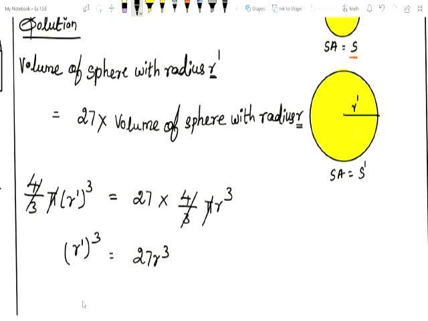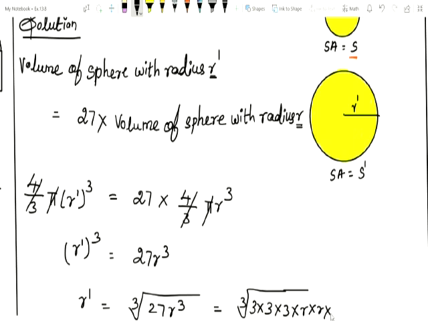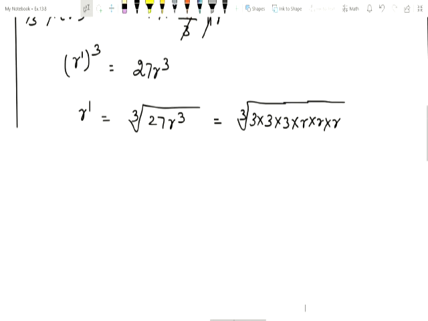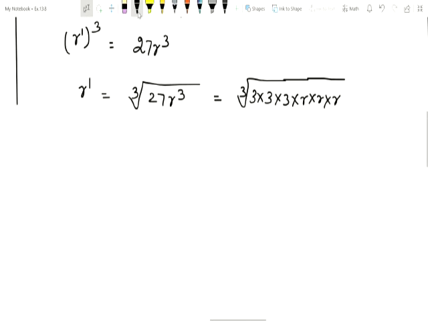Okay. So we need to find out the radius alone. So the cubic will change cubic root. Okay. So R dash equal to cubic root of 27 R cube. Now you split this cubic root of 27. How can you split? 3 into 3 into 3 into R cube. How can you write? R into R into R. Okay.